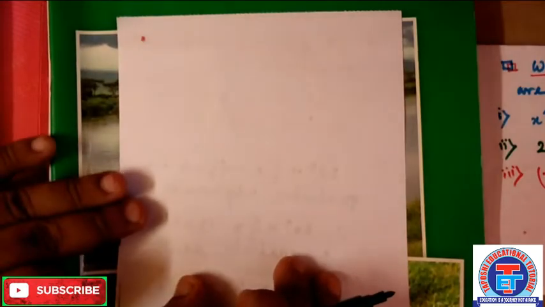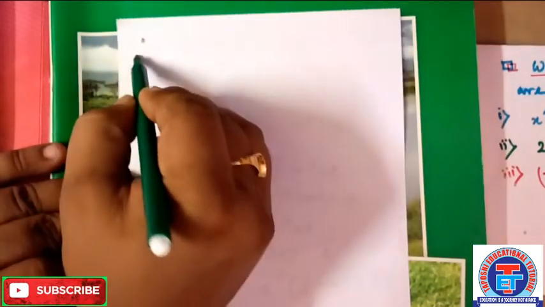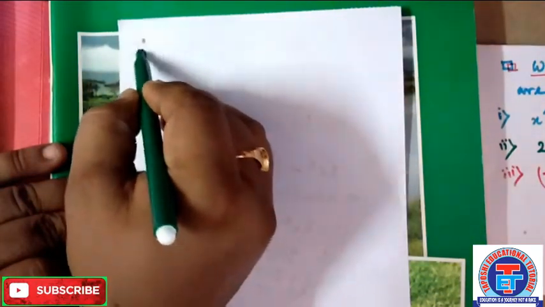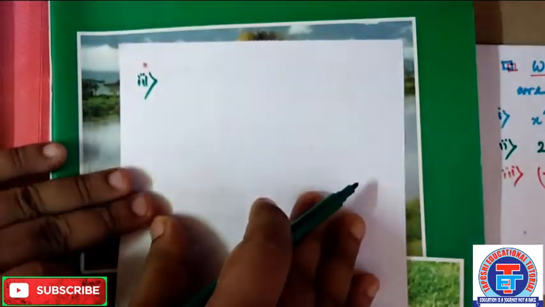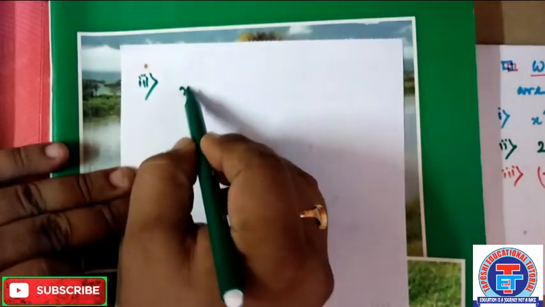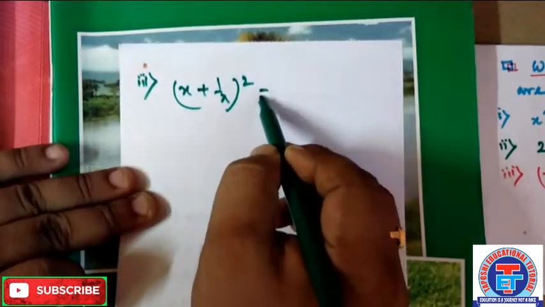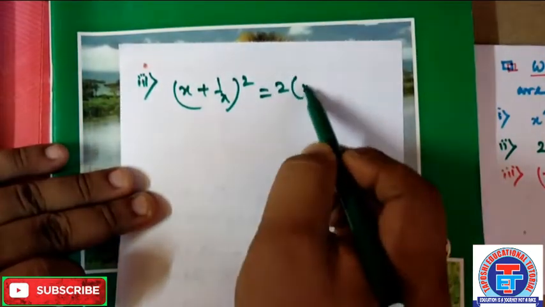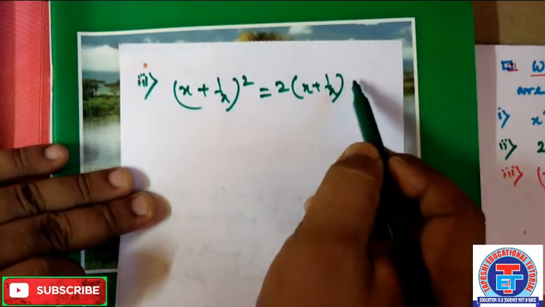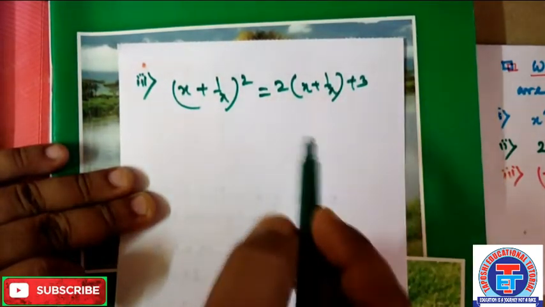Now dear student, the number 3 problem is here. So we can write here, x plus 1 by x its square is equal to 2 into x plus 1 by x plus 3. Right?